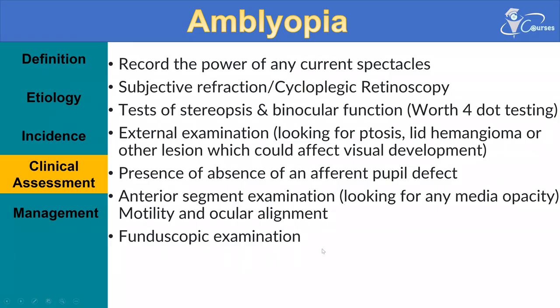Do an anterior segment examination for any media opacity like congenital cataract or corneal scar. Do motility and ocular alignment to exclude strabismus. And of course, finally, do the fundoscopic examination to exclude any posterior segment pathology. So that is how we assess a patient with amblyopia.